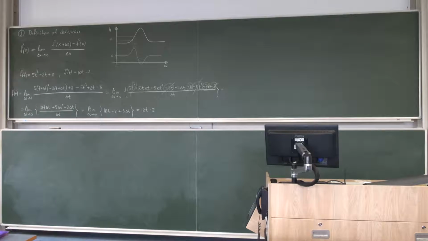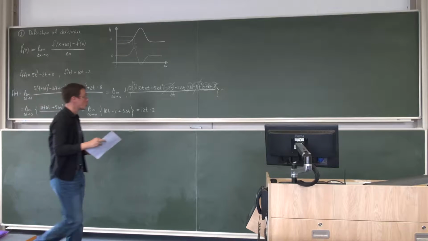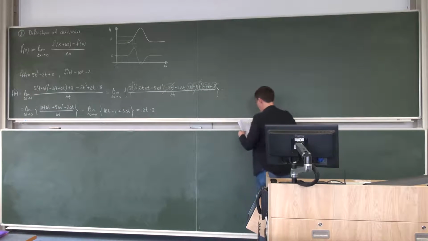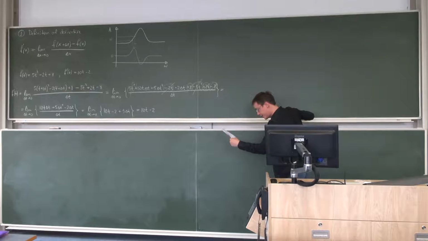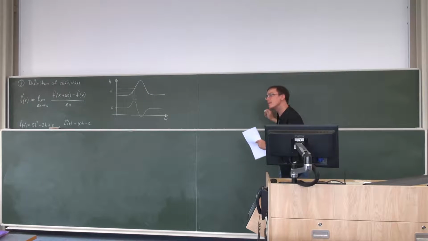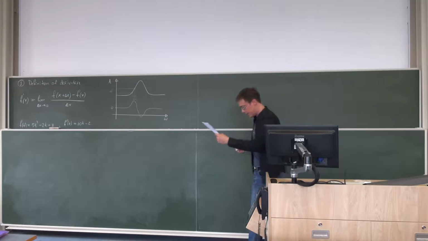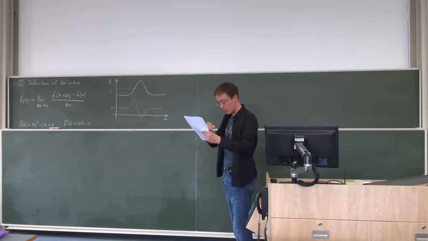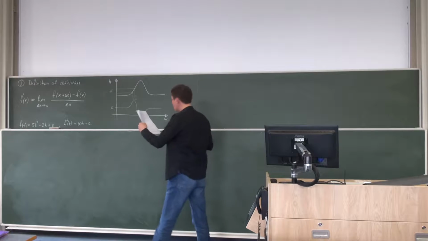I have given you an example in the handout of an even more horrible case, which I will not write out explicitly, but I will simply illustrate to you, and then you would probably be able to tell at that point that it's not a good idea to write that all out, but I can just do it as a homework exercise.